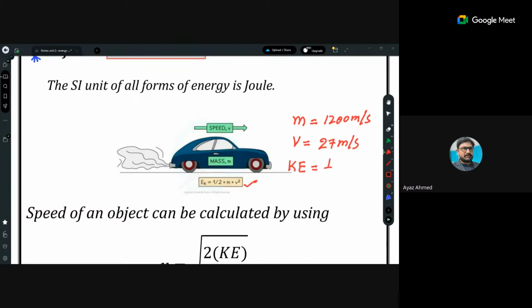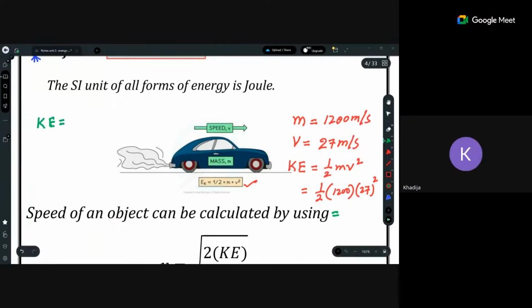You will use the formula 1 upon 2 mv square, and it would become 1 upon 2, mass is 1200 and speed is 27 square. So just tell me the answer. That would be 437,400 joule.